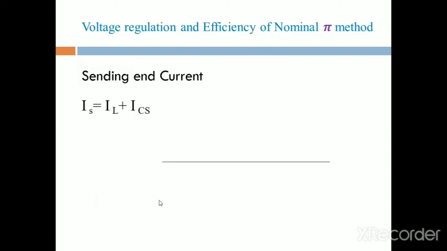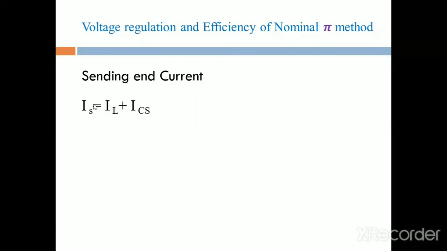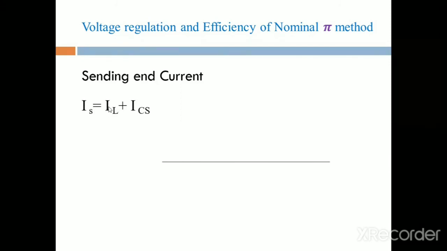Next, the sending end current, that is IS. Apply KCL at that point in the given equivalent circuit diagram. The entering current IS is equal to the leaving currents. What are the leaving currents? That is IL plus ICS. ICS is the current flowing through the sending end capacitance.